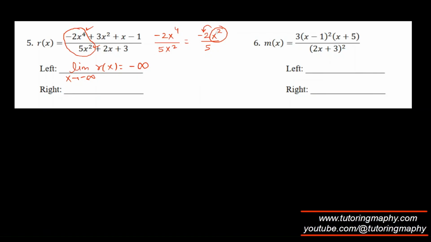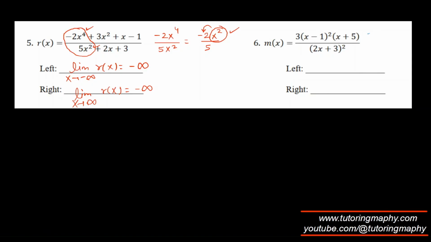Even if x approaches a negative number, the square of that will be positive, and because of this negative, overall it will go to a negative number. And likewise, limit x approaching positive infinity of R(x): if we go towards the positive side, then also the same situation, because positive squared is positive and positive times negative is negative. So it will also go to negative infinity. I hope that makes sense.